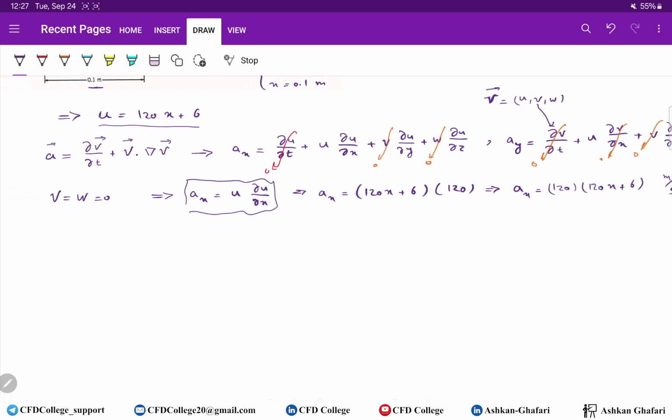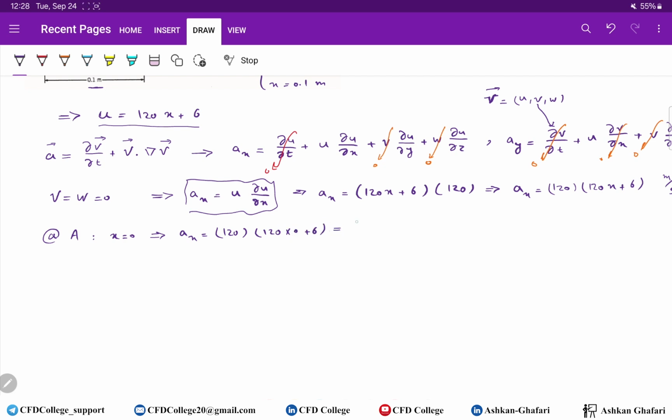Okay, now we can solve it at point A. We know x is 0, so ax equals 120 times 120 times 0 plus 6.